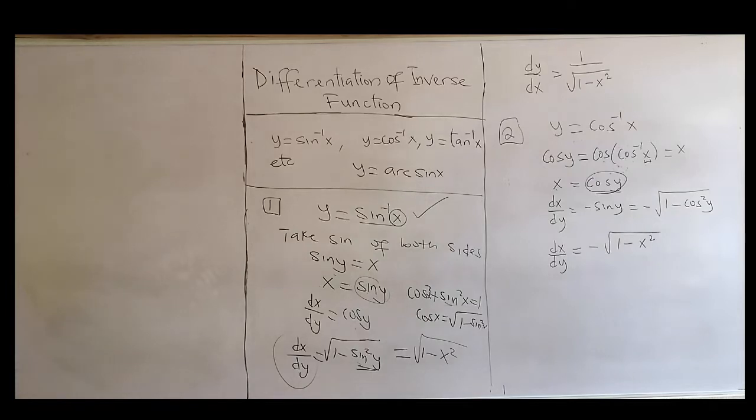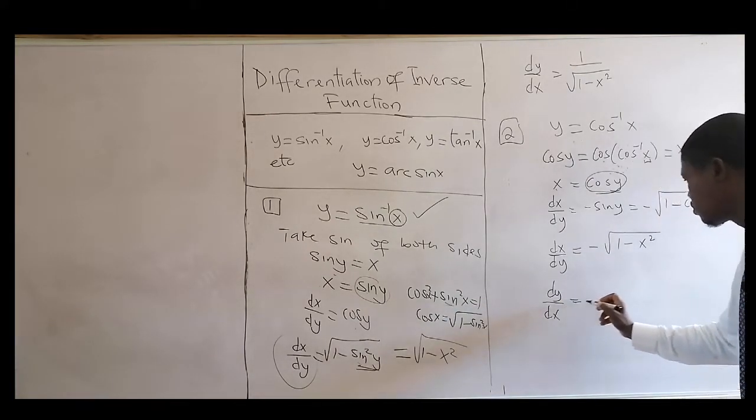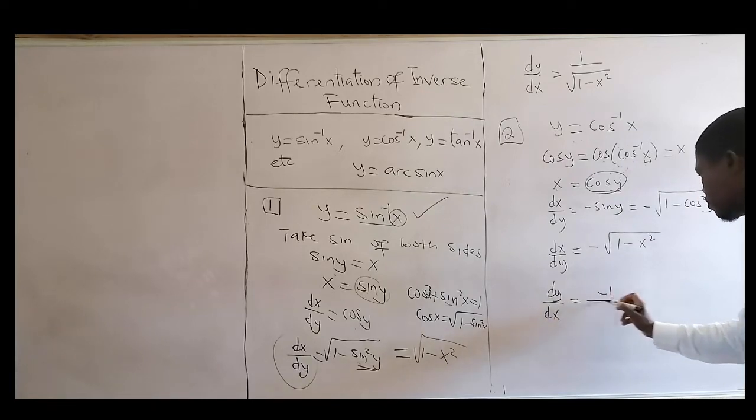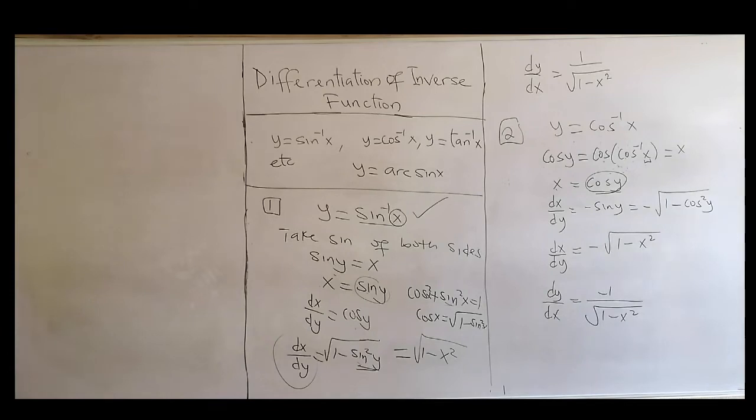Then take the inverse of both sides, so dy/dx is equal to minus 1 over the square root of 1 minus x squared. So that's the differential coefficient of arc cos x.